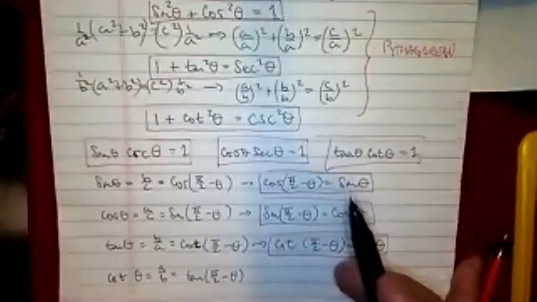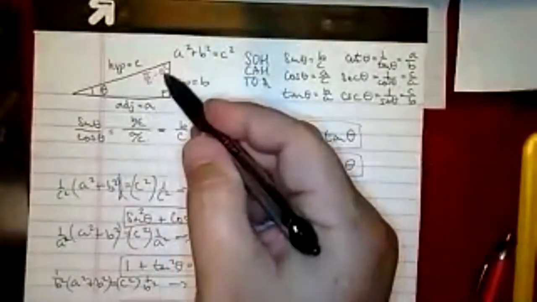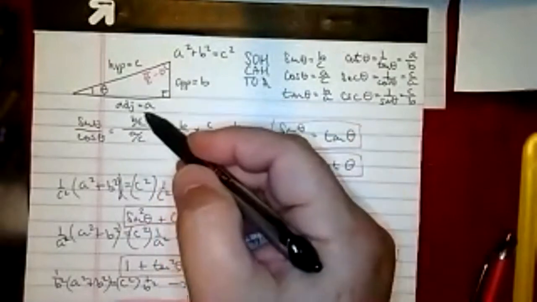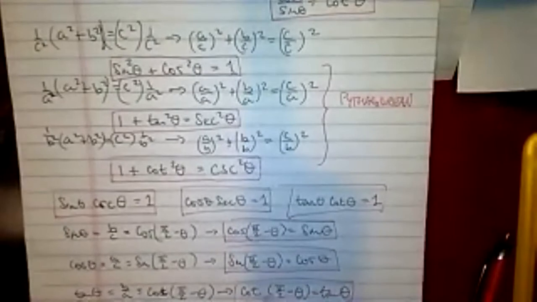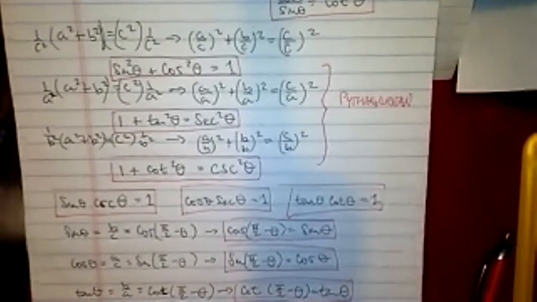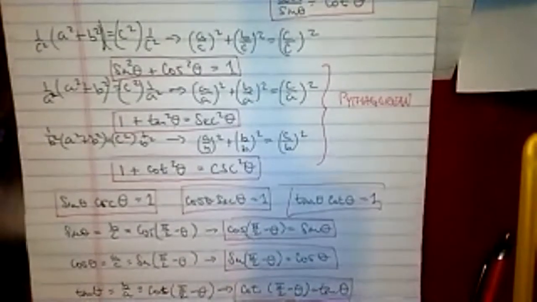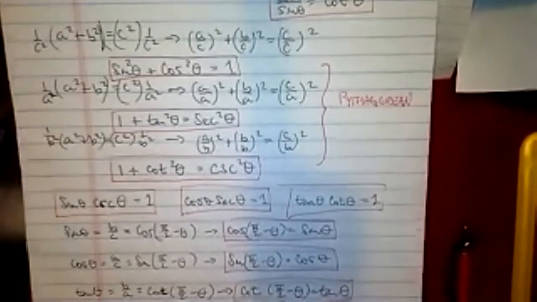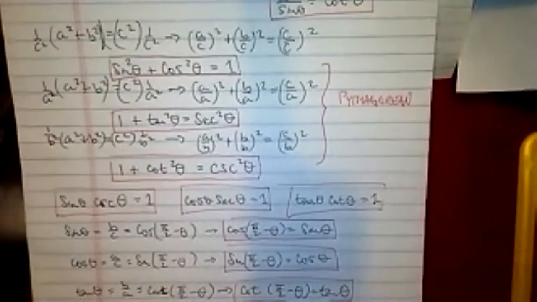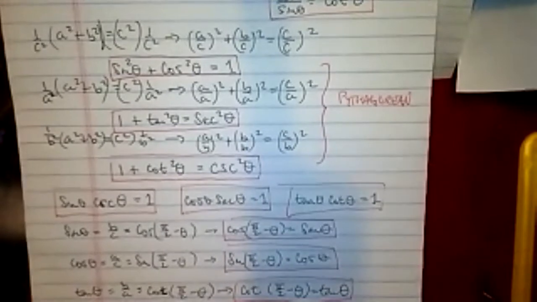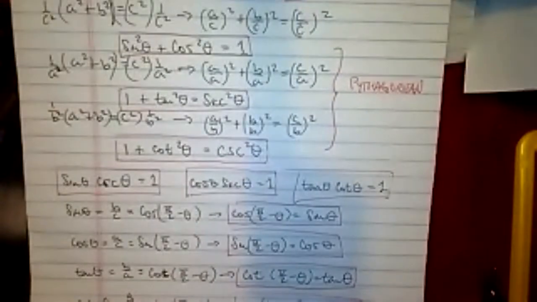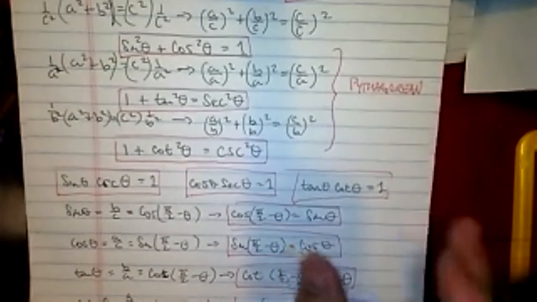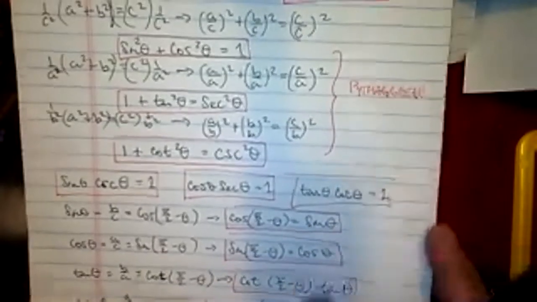So we see that's absolutely right. So we finally have tangent of pi over 2 minus theta is equal to cotangent theta. And that's about all we can get just from looking at these individual trig functions in the triangle itself.